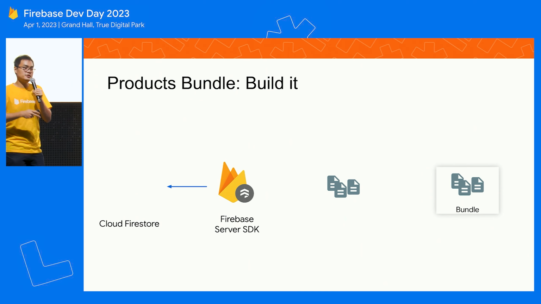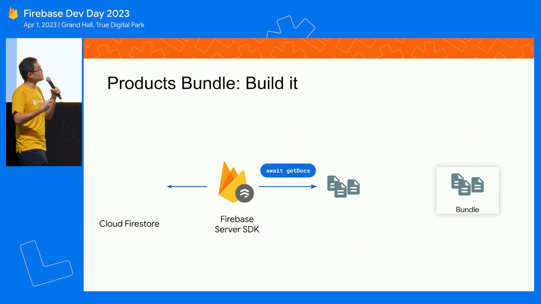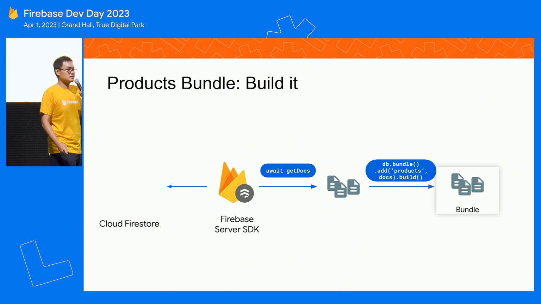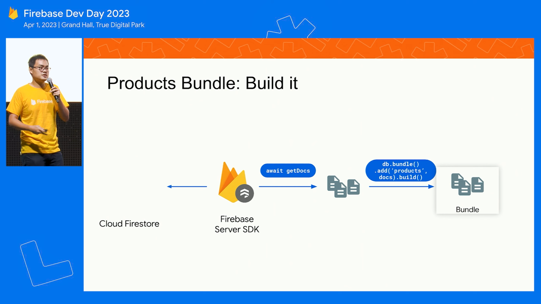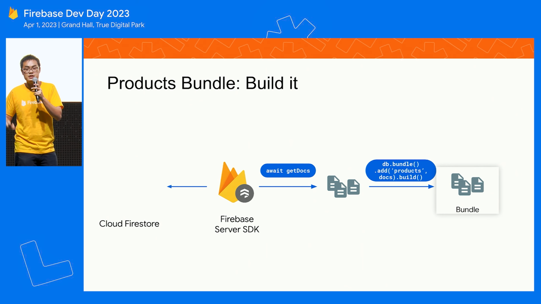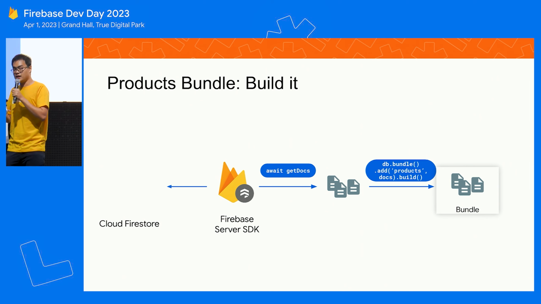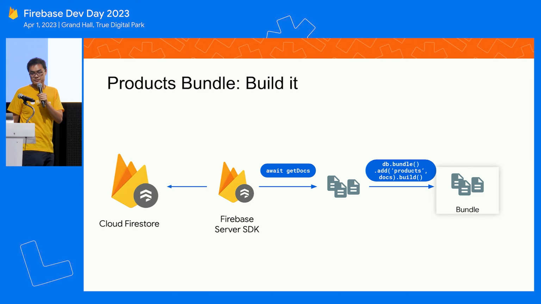So if I know the top 20 items, I can query these items from the cloud function or your backend environment, generate the bundles, and just build it. At the end, it gives you a binary object that you get to store anywhere else. You can put it on cloud storage, you can put it on your own CDN, or anywhere that you feel like.